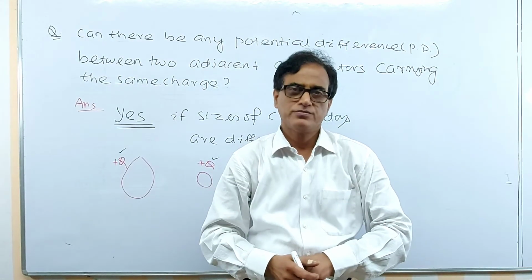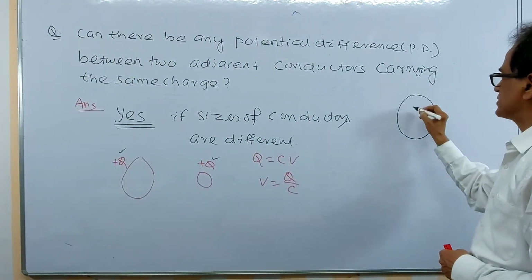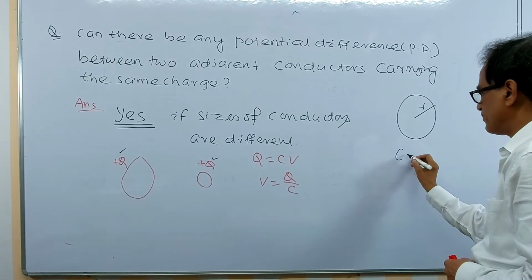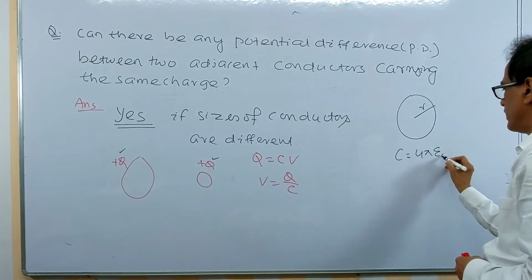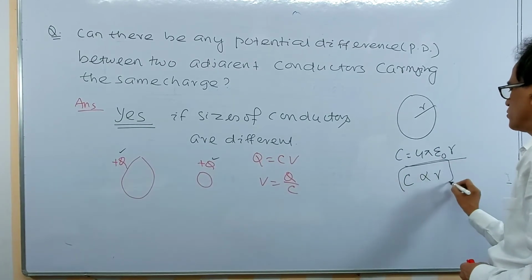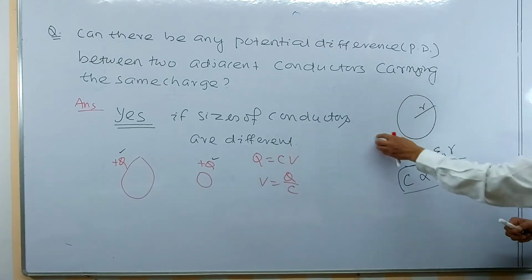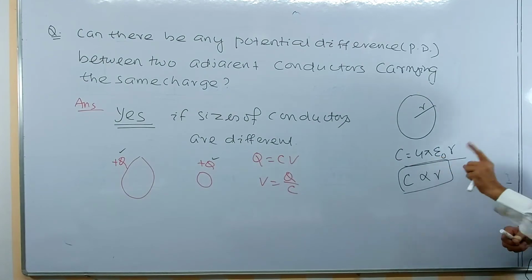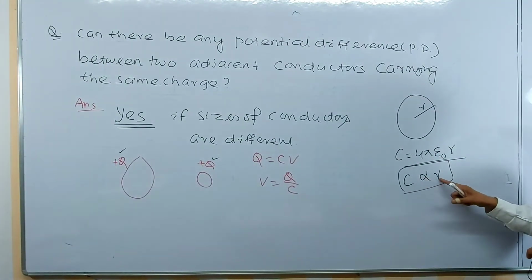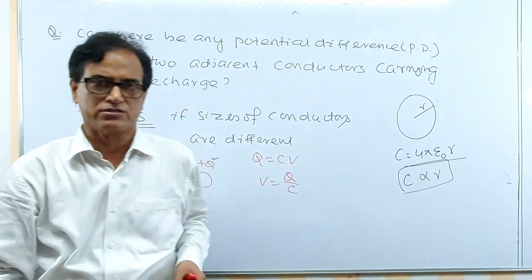I think you know this, because you have read the formula for a spherical conductor placed in air: capacitance is 4 pi epsilon 0 R. So capacitance is proportional to R. Here 4 pi epsilon 0 is constant for air surroundings; if the surrounding is any other medium, you can make it epsilon. So capacitance proportional to R means a larger size conductor has larger capacitance, which is common sense.